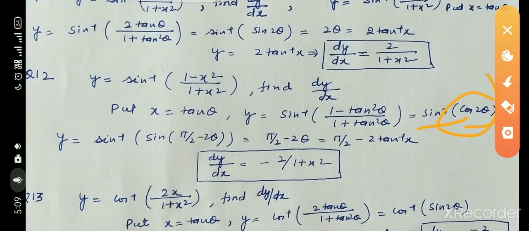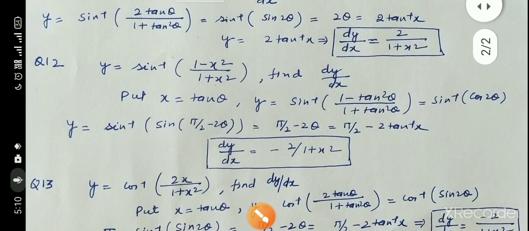So as we know that we can interchange cos into sin and sin into cos, very simple. So we write here sin(pi by 2 minus 2 theta) in place of cos 2 theta. So this will become, by property of the inverse trigonometric function, pi by 2 minus 2 theta, which is equal to pi by 2 minus 2 tan inverse x. Now differentiating both sides, dy by dx is equal to minus 2 divided by 1 plus x square.